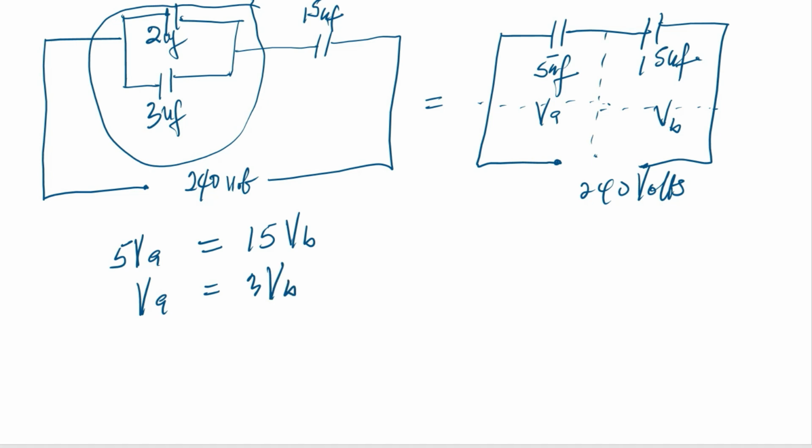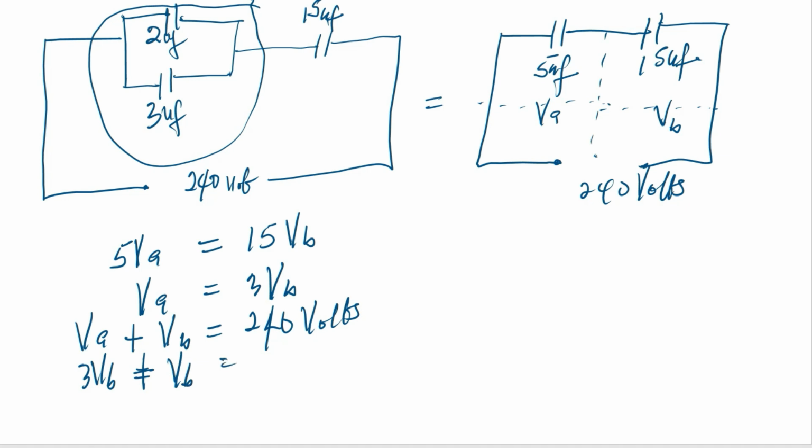And we know that my VA plus VB, both of them sum up together, because it's a series circuit, to 240 volts. So in place of VA, I can have 3 VB plus VB equals 240 volts. So that 4 VB equals 240 volts.